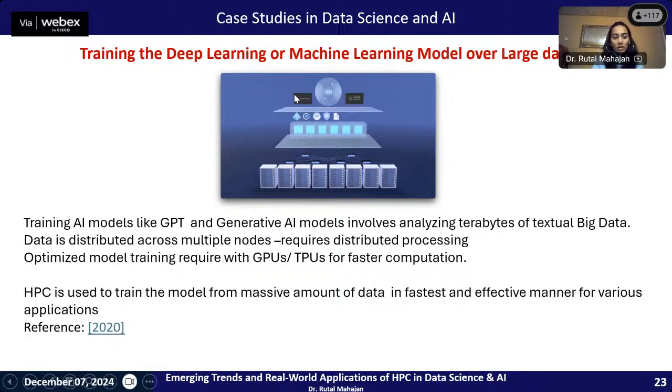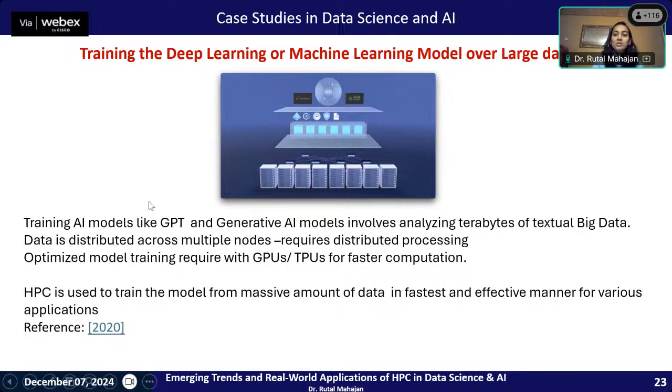Okay, so training these kinds of AI models, machine learning or deep learning models, requires processing larger data sets in terabytes or petabytes, which cannot even be accommodated in a single system or single storage.